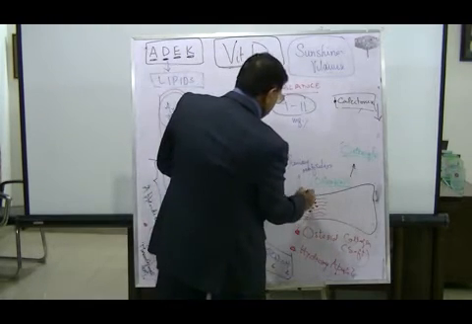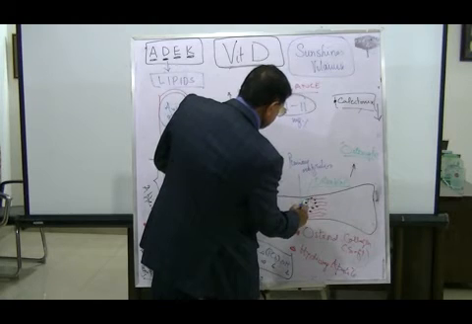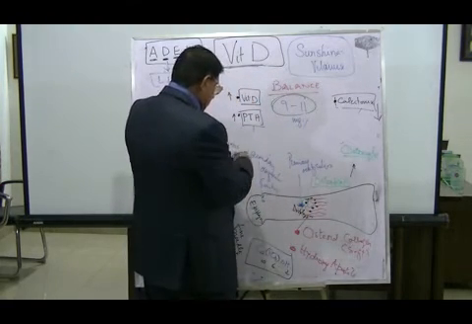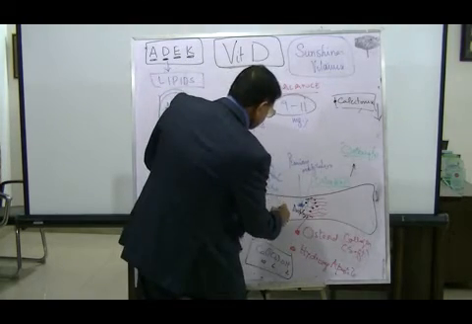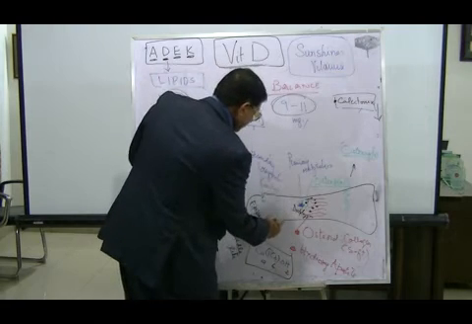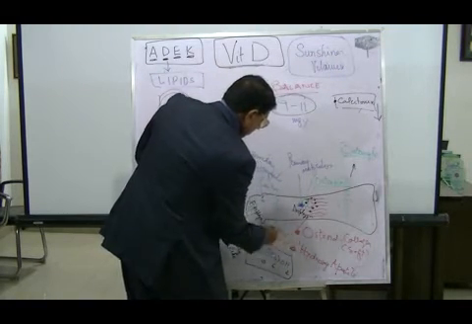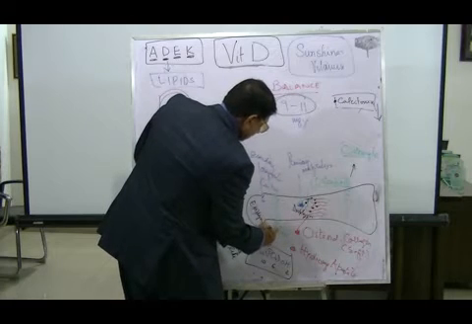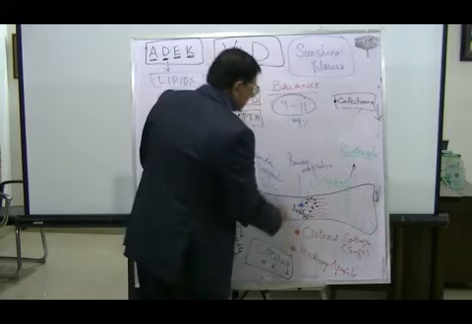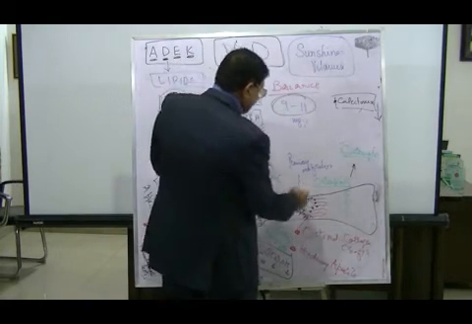This is your diaphysis over here, that is the shaft, and this one where the bone enlarges is called the metaphysis, ending up with the epiphyseal plate. So this is how the bone enlarges on both sides.